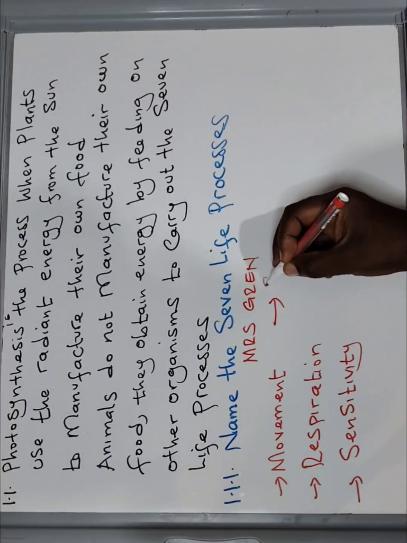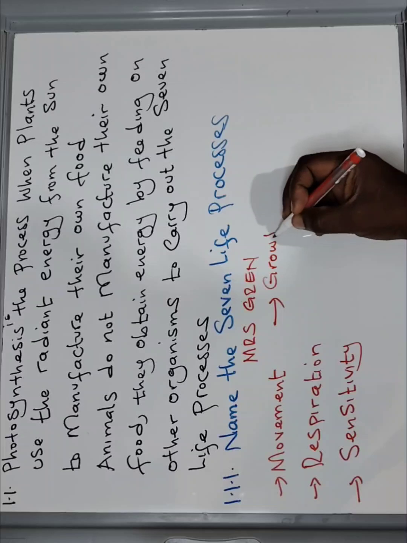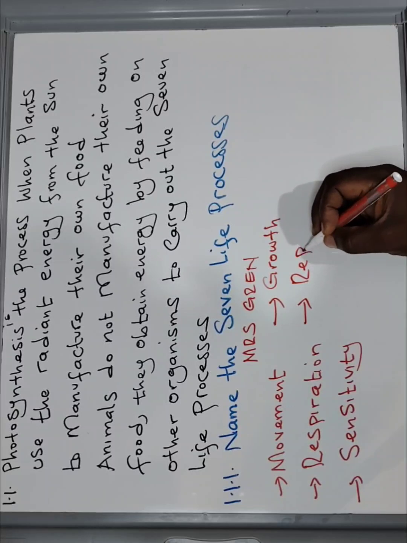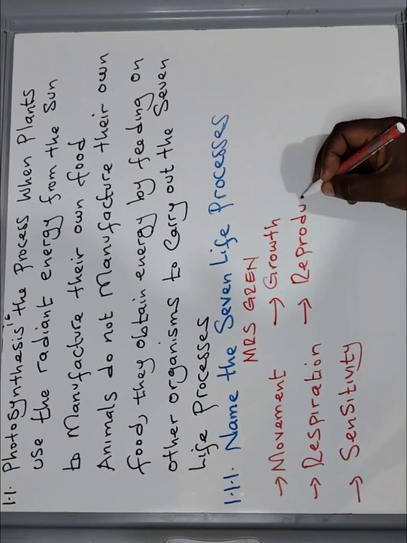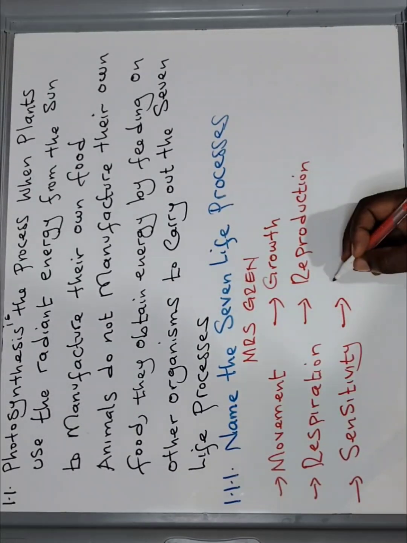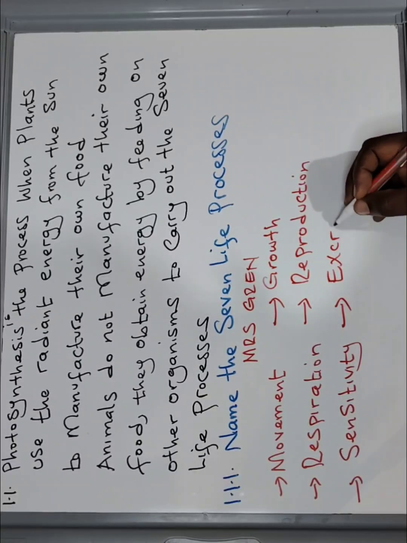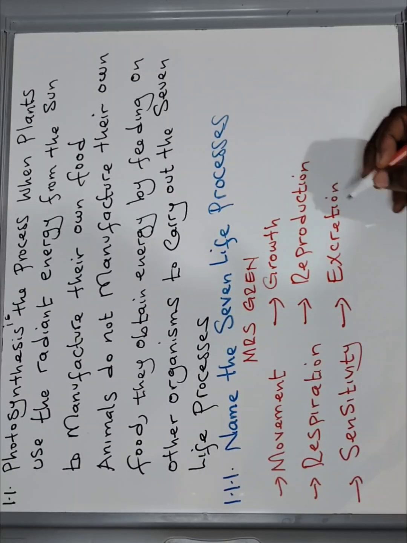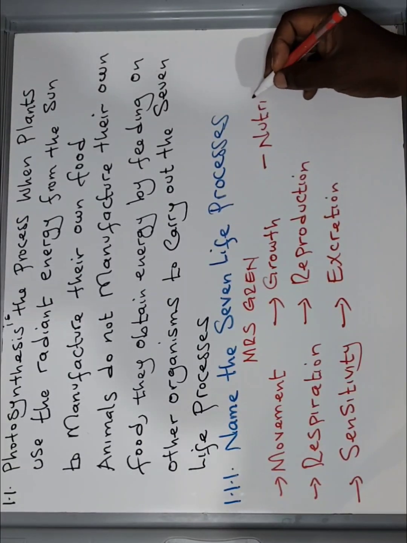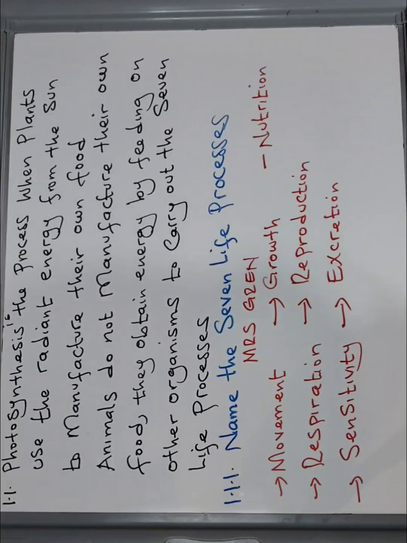G represents growth. R represents reproduction. E stands for excretion. Then lastly, N is nutrition. Technically, these are the 7 processes which are carried out by living organisms.